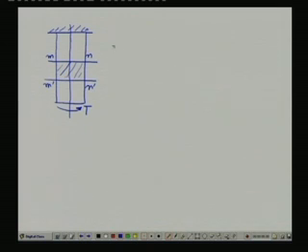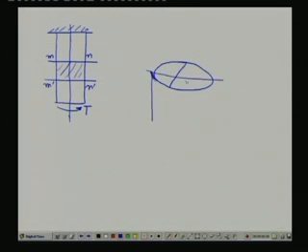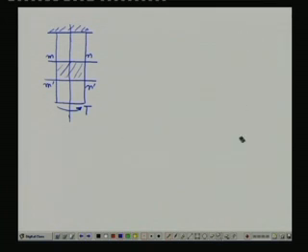Please note that this is a circular member. So, obviously, we will be getting something like this, a section. Let me draw it a little neatly.